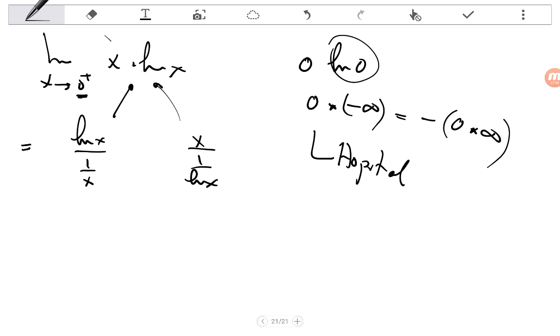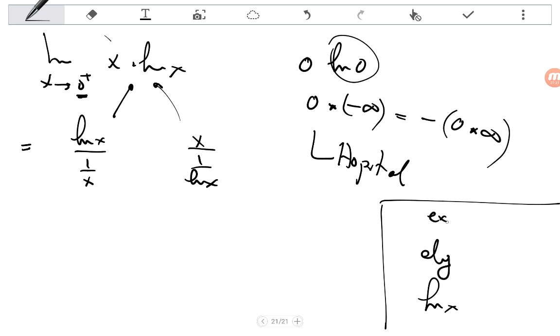Just remember, ln is a very heavy function. It doesn't like to move. Among algebraic and exponentials, exponentials is the lightest function. It moves around easily. The ln is heavy. It doesn't move around easily.